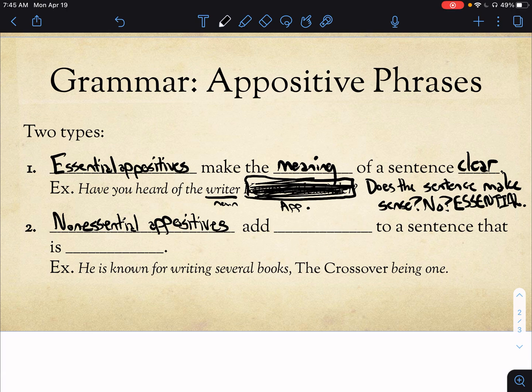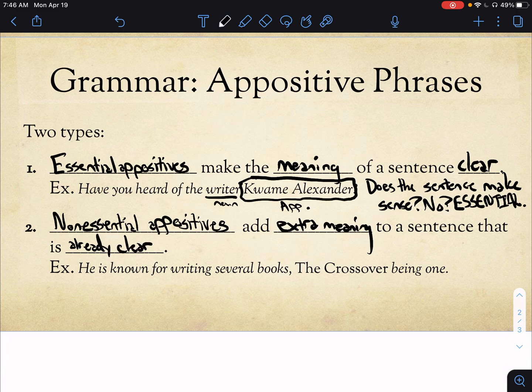Okay? So if you can take out that appositive phrase and it still makes sense, guess what? It's non-essential. If you take it out and the sentence doesn't make sense anymore, it's essential. So non-essential appositives add extra meaning to a sentence that is already clear.